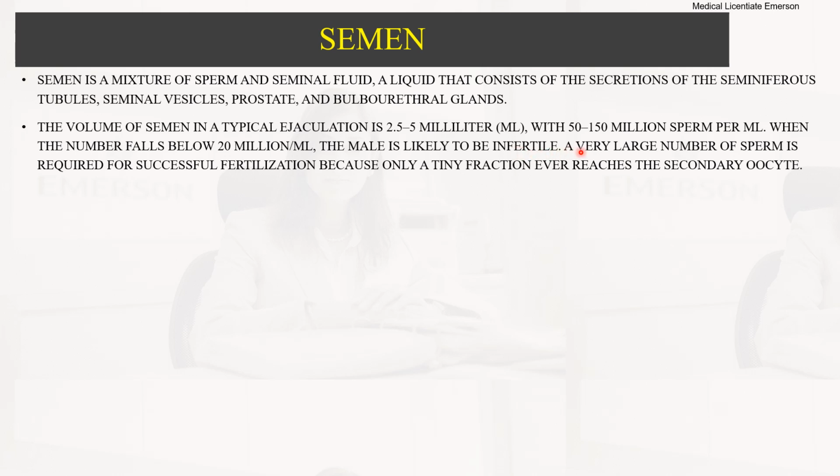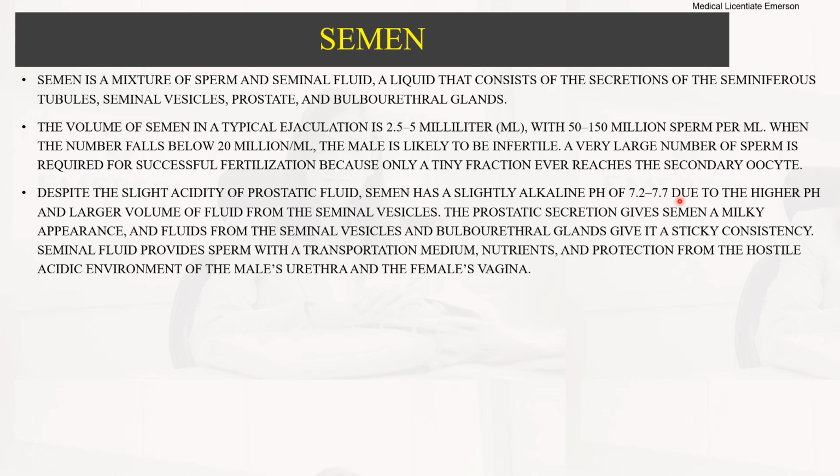A very large number of sperm is required for a successful fertilization, because only a tiny fraction ever reaches the secondary oocyte. Despite the slight acidity of the prostatic fluid, semen has a slightly alkaline pH of 7.2 to 7.7 due to the higher pH and larger volume of fluid from the seminal vesicles.